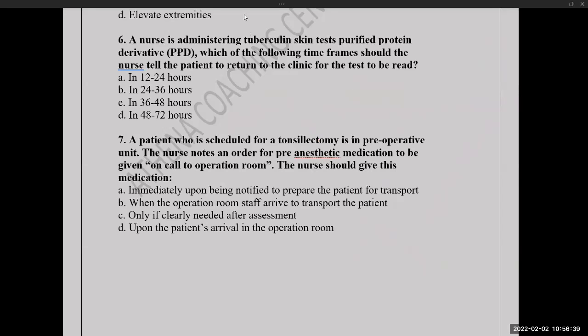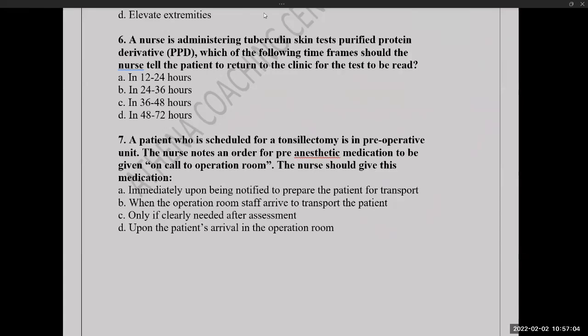7th question. You can read question number 7, then drop your answers in the chat box. The patient who is scheduled for tonsillectomy is in pre-operative unit. The nurse notes an order for pre-anesthetic medication to be given on call to operation room. The nurse should give this medication when?